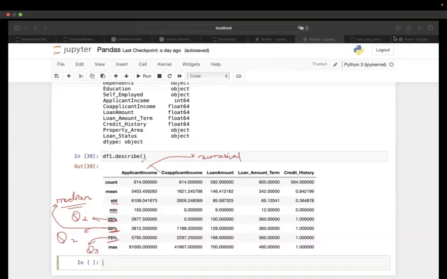What do you guys think? Does this applicant income contain some sort of entries which are disturbing my average? Is applicant income equally distributed or biased in nature?